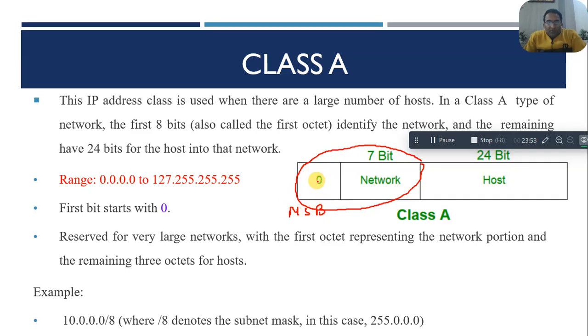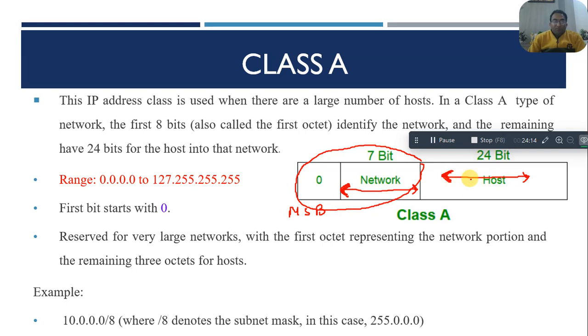So this belongs to class A, and the remaining 7 bits are used to identify the particular network, and these 24 bits are used for assigning host addresses in that network.